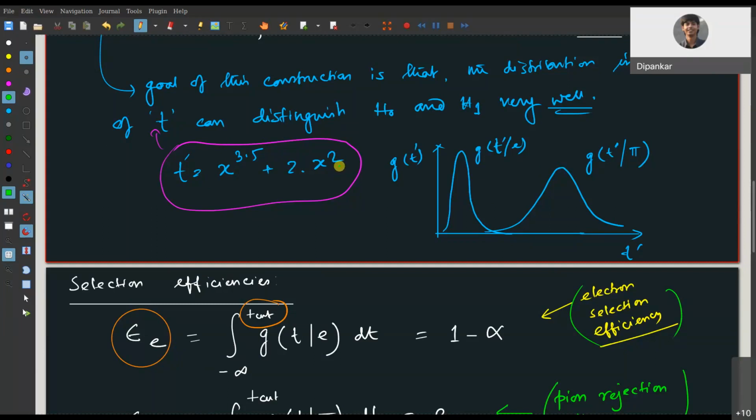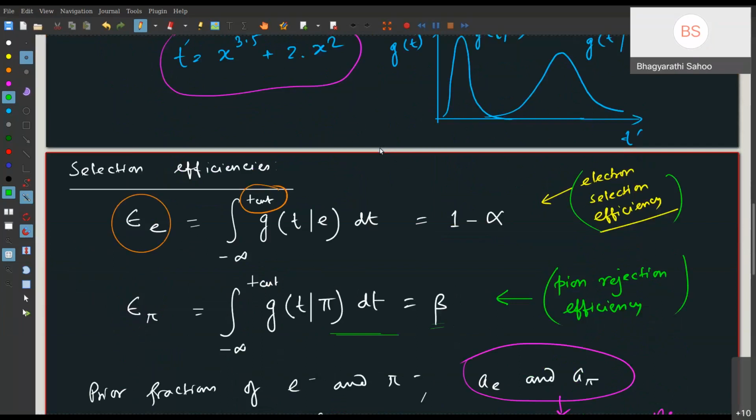So if your computational power is finite, it is recommended that you choose a simple test statistic so that your computation is faster, and then you optimize your cut. We will come to that. All right. Anything else?